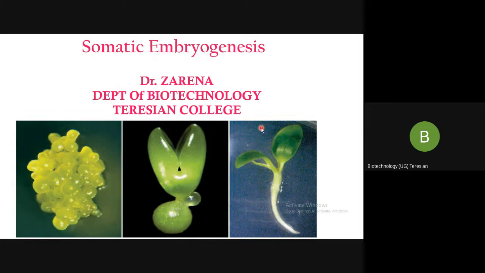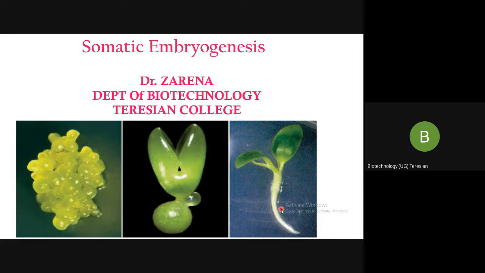So here you can see the pictures. These are all the protocorms which can be developed into the shoot and into the root. And finally, you can see how a new plant is being produced. So before going into the details, first let us define what somatic embryogenesis is.